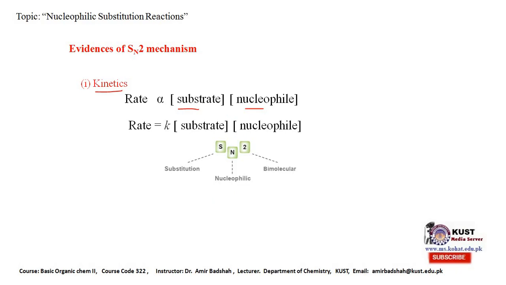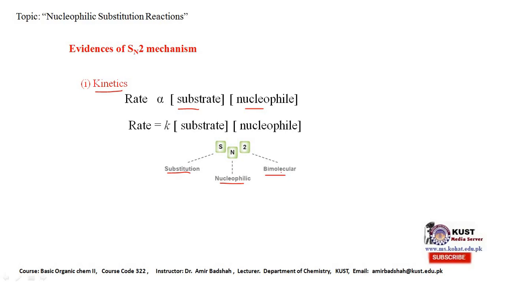And that's why this reaction is called the SN2 mechanism. Here S represents substitution reaction, N represents nucleophile, and this 2 represents bimolecular. It means its molecularity is 2. What is molecularity?